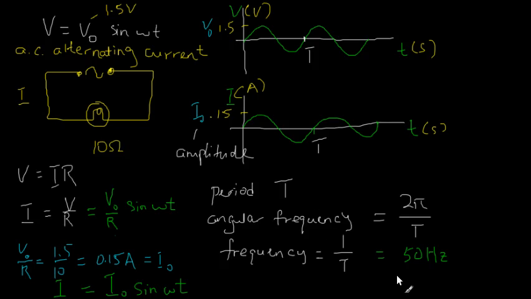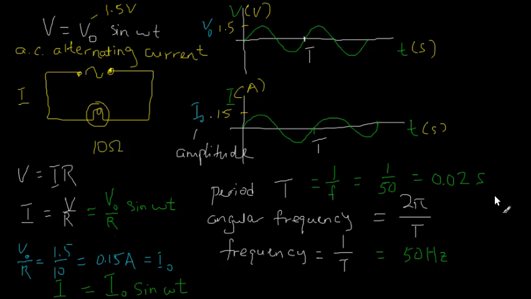So let's take a look at what the period would be when the frequency is 50 Hertz. The period would be, from this relation, just 1 over the frequency. And if the frequency is 50, this is 1 over 50. And 1 over 50 is 0.02 of a second.